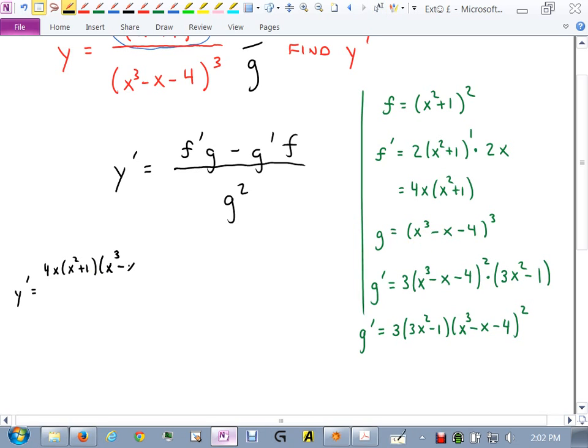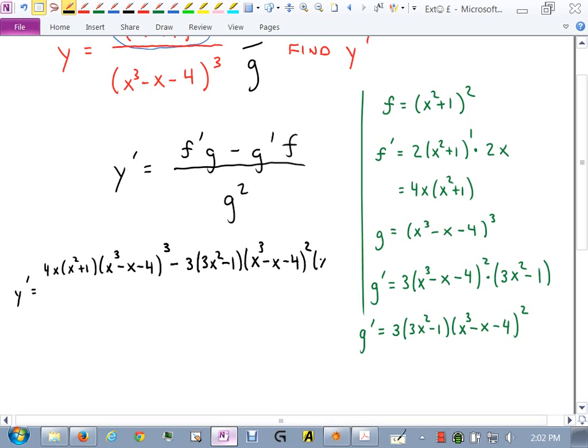X cubed minus x minus 4 cubed, minus g prime, which is the bottom right corner there, 3 times 3x squared minus 1 times x cubed minus x minus 4 squared times f, which is x squared plus 1 quantity squared.